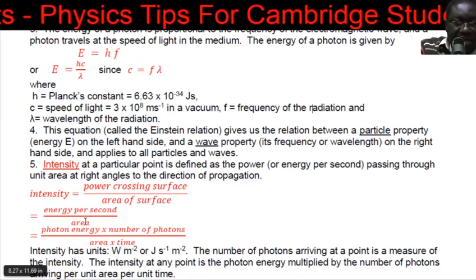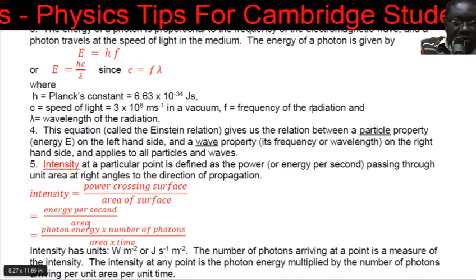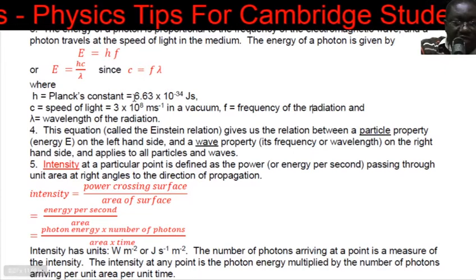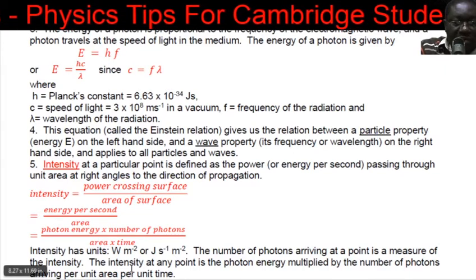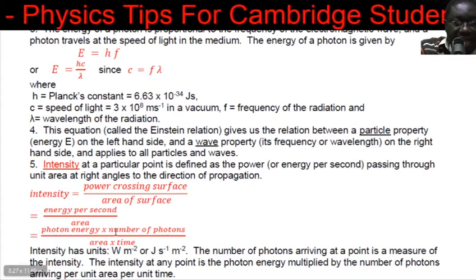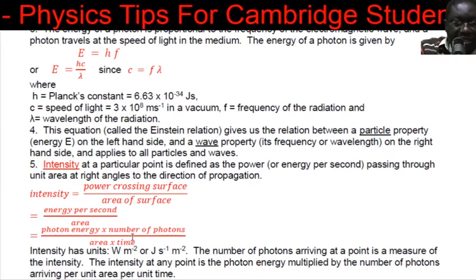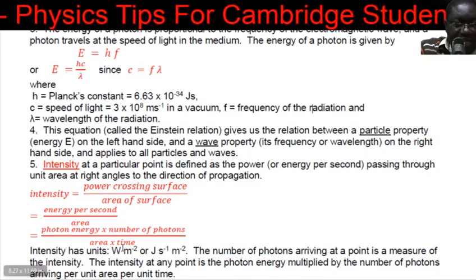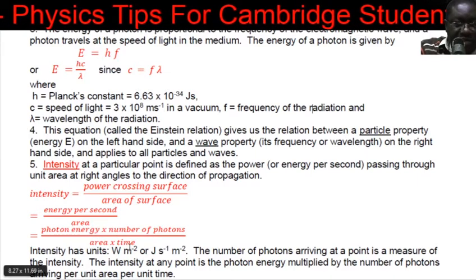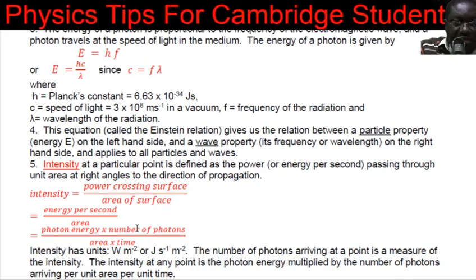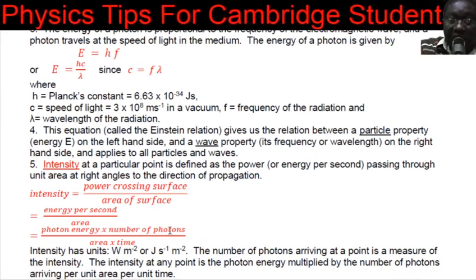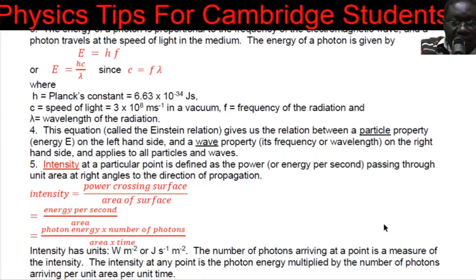If we find the energy of one photon, like we said, hf, we need to multiply by the total number of photons and then divide by area times time, so that we get the total energy of the photons.